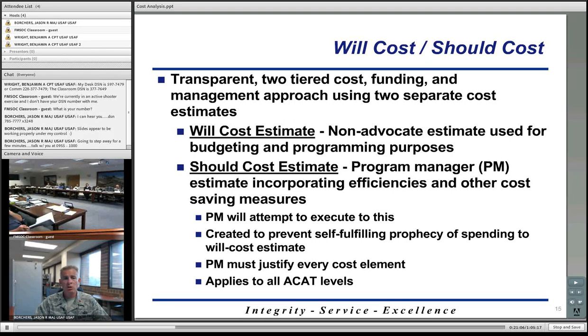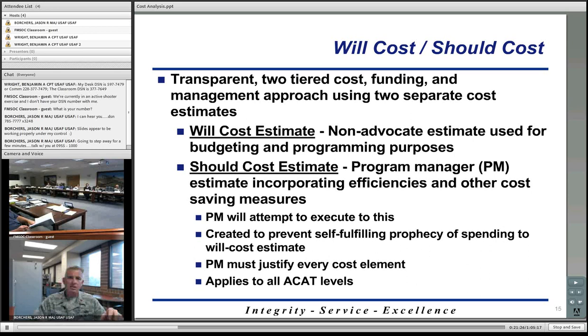The will cost estimate is what do you think the true cost of your effort is going to be? Not assuming various efficiencies and stuff like that. So given history, what is the true cost of your program? So that's the first estimate.